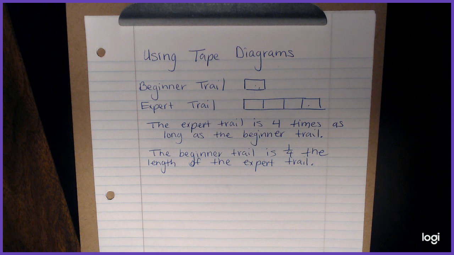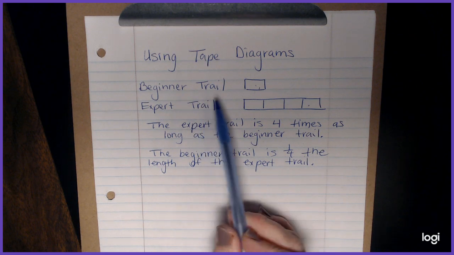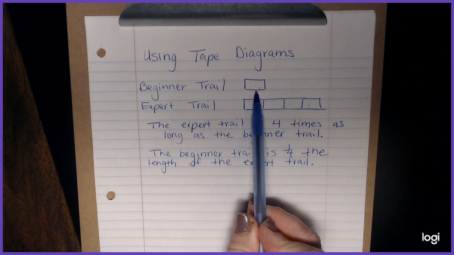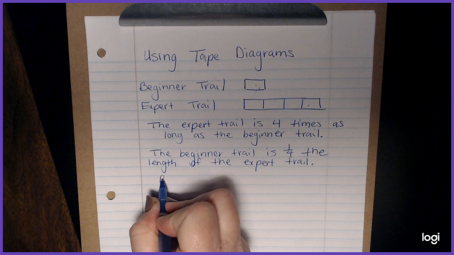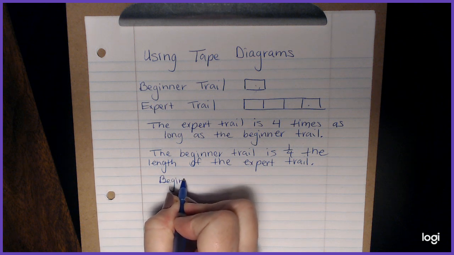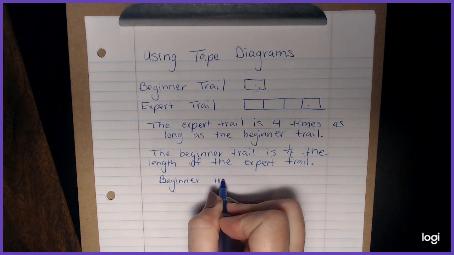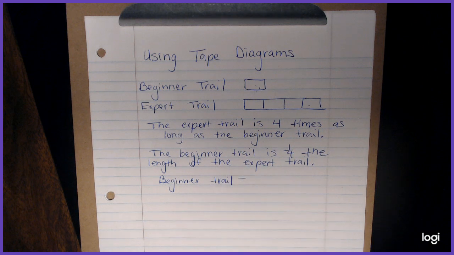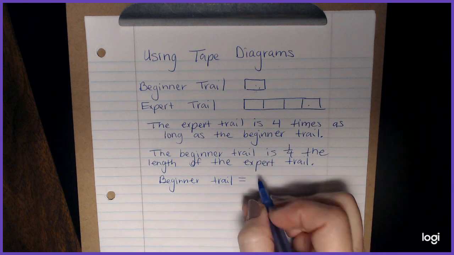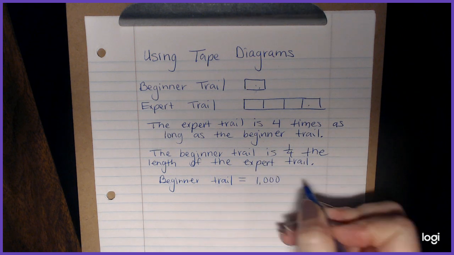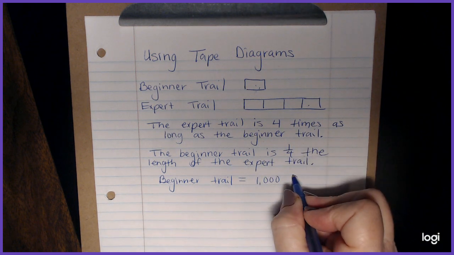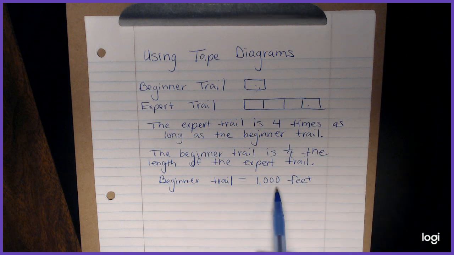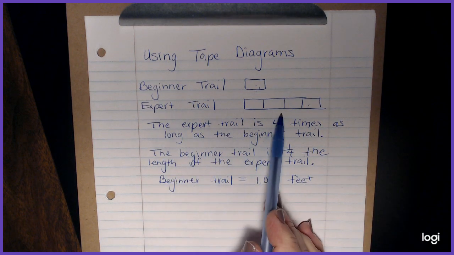Now I don't have any quantities, so I can't solve anything. If I knew how long the beginning trail was, for example, if I said that the beginning trail was 1,000 feet, you would be able to take this and solve the expert trail.